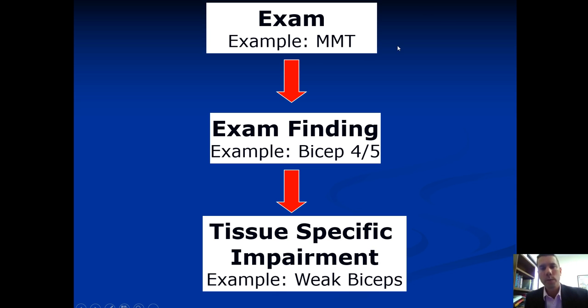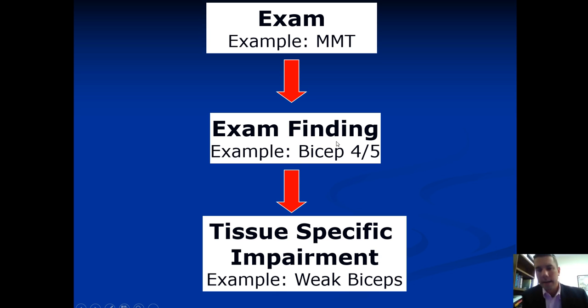So we manual muscle test the biceps. That's the exam test. From that test, we gather a finding. In this case, the exam finding is a 4 out of 5 strength of the biceps. So that's a grading scale of how strong the biceps is, and in this case, we scored it at a 4 out of 5. It's not at its full strength that we would expect it to be.